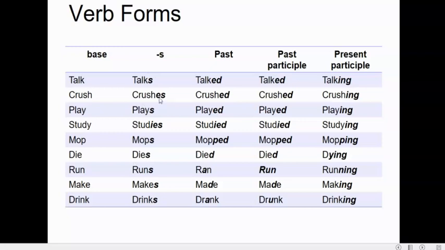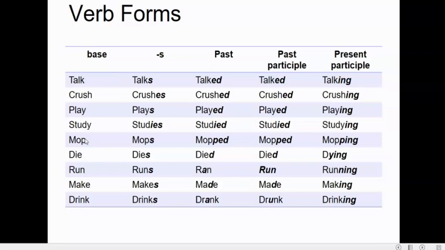Now, if I was talking about Ileana and Emmanuel, as in the second sentence that I provided, then that subject would not be she or he. However, it would be they. And they requires that I use, in the simple present tense, of course, the base form of the verb.